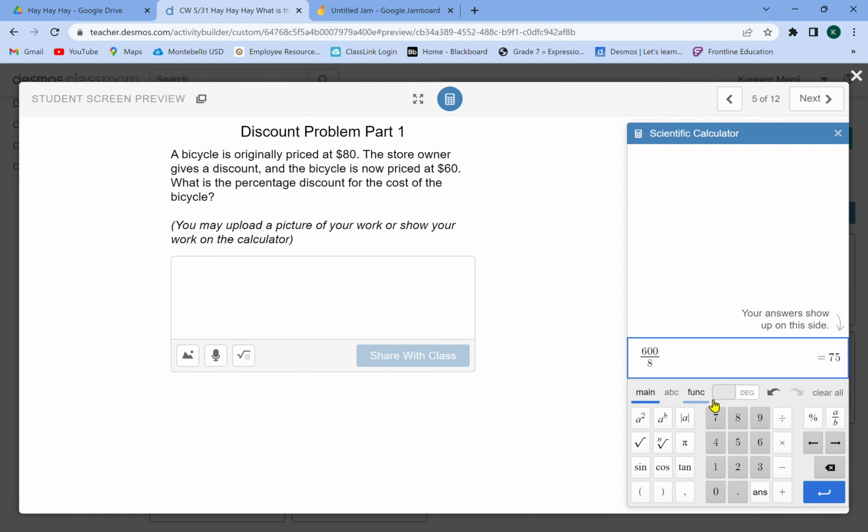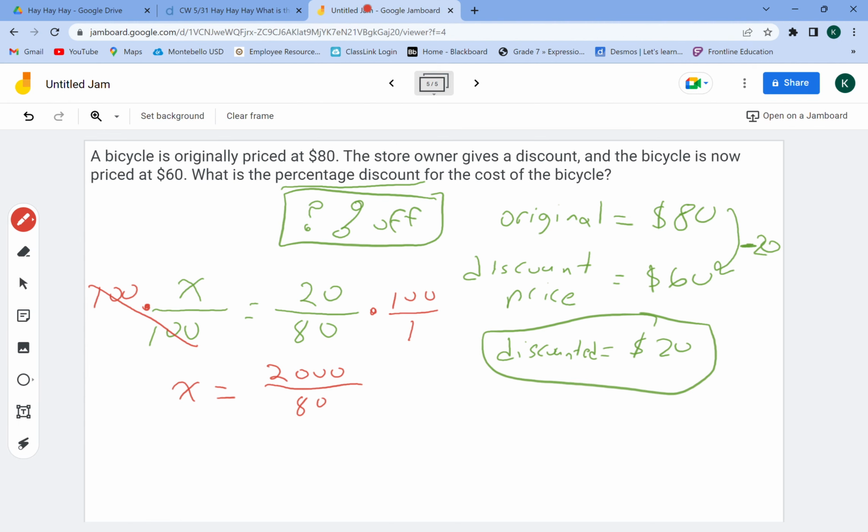If I use the calculator, I have 2,000 divided by 80, and notice this time around I get 25. So this means that this is 25% off.